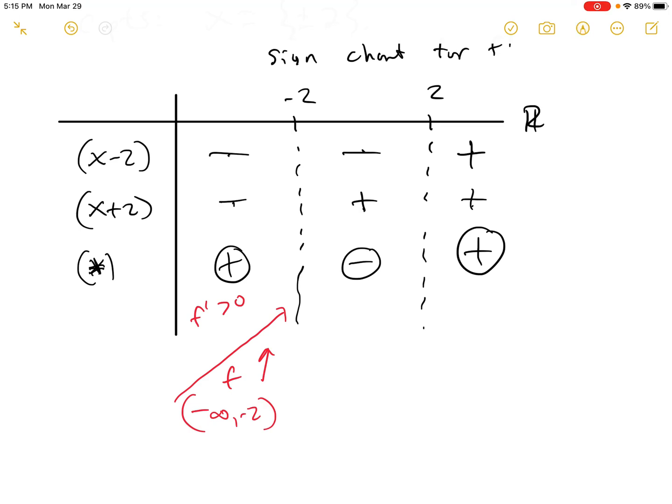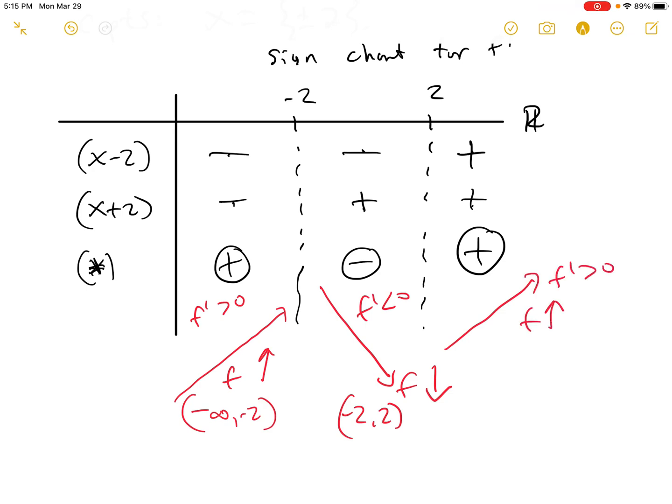On this interval, f prime is less than 0, so f is decreasing, and that's the interval minus 2 to 2. And then over here, f prime is positive, so f is increasing, and we have 2 to infinity.